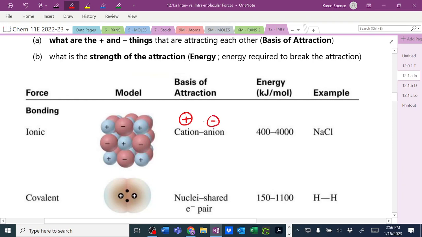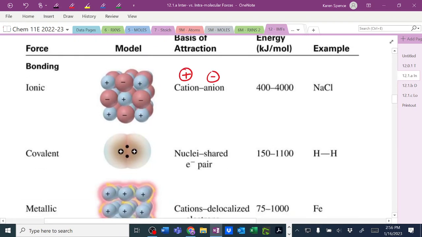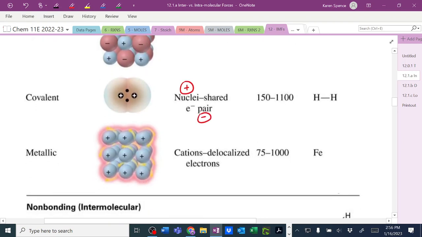What's the positive thing in a covalent bond? The nuclei are positive, and what is the negative thing? The shared electrons. In a metallic bond, what's the positive thing? Cations, and what is the negative thing? Delocalized electrons.